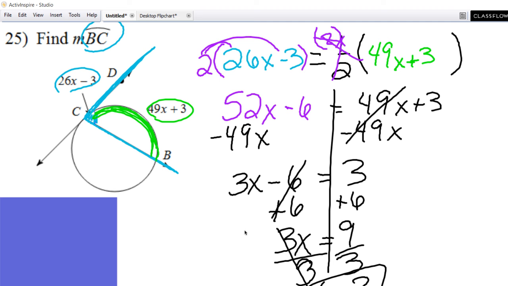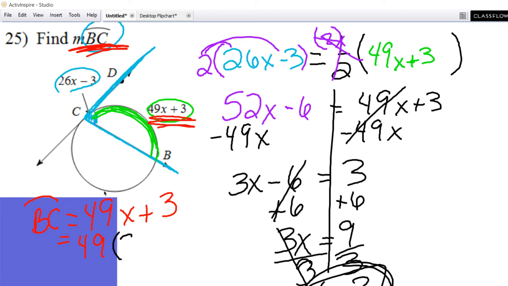Now that's not what the question is asking me for. The question is asking me for arc BC. If I look at arc BC, it's represented by this equation. So arc BC equals 49x plus 3. So to get arc BC, I'm going to put 49, but instead of putting x, I'm going to put the number that I got, which is 3. So I'm going to replace it. Then we put plus 3.